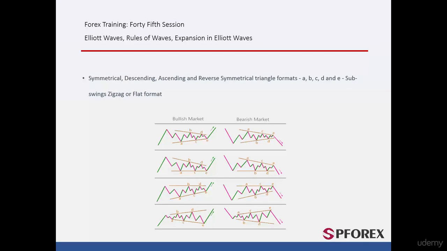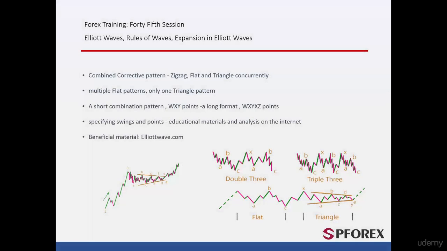Triangle patterns would be created after B or the fourth wave is formed. The triangle format may have 9 swings. Thus, the trend will form after a longer time. There is a format in which some corrective swing types are combined with each other. The combination can consist of zigzag, flat and triangle concurrently.